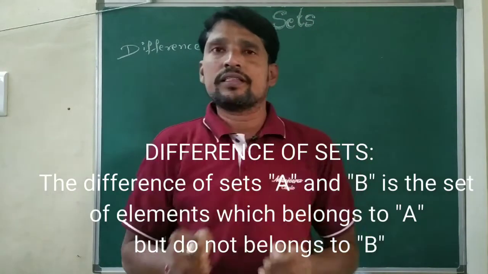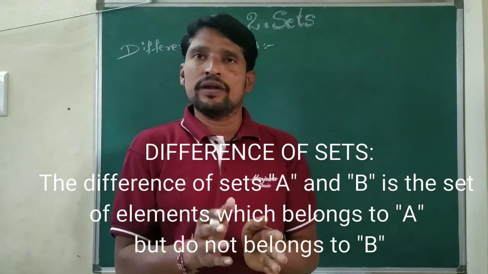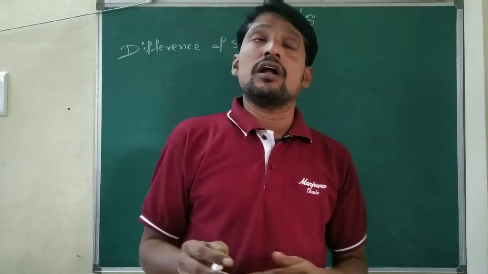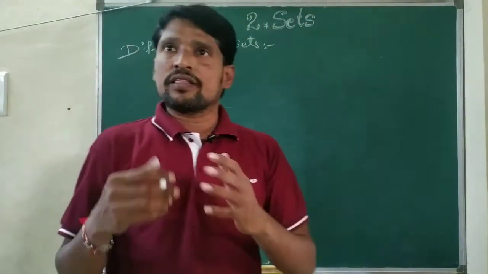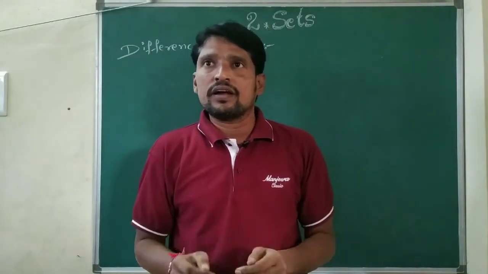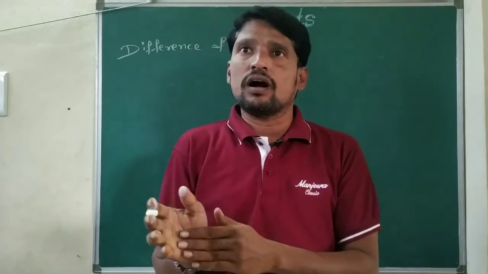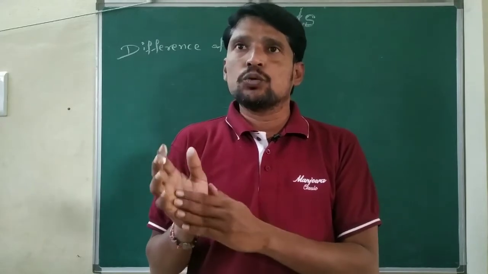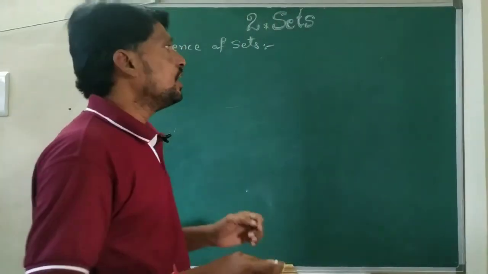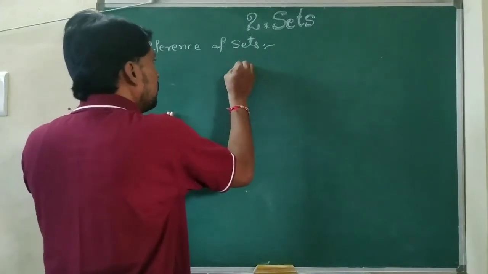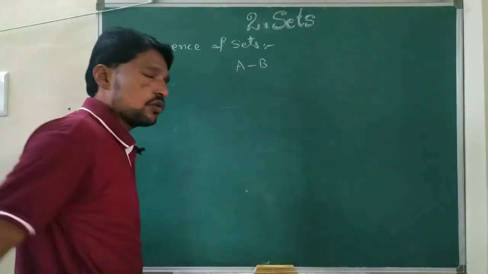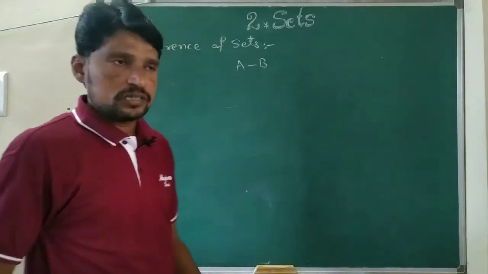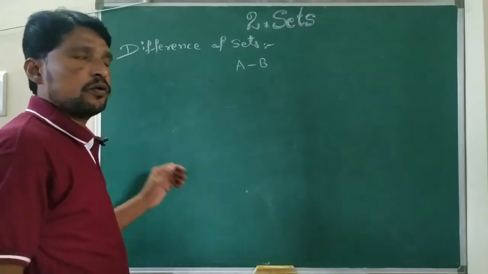The difference of sets A and B is the set of the elements which belong to A but do not belong to B. Once again, the difference of sets A and B is the set of all elements which belong to A but not to B. It is denoted by A minus B.